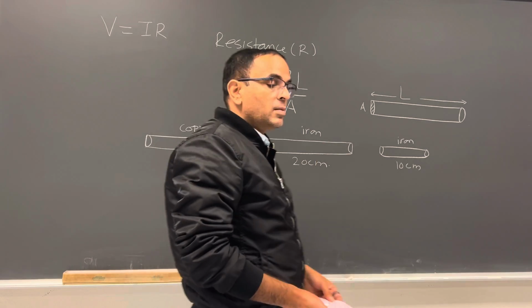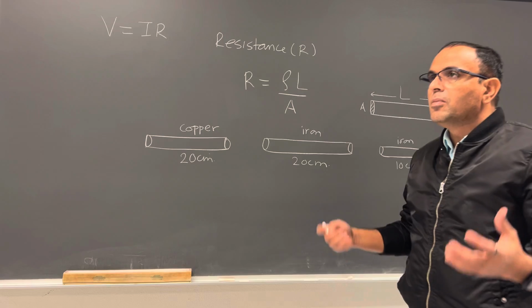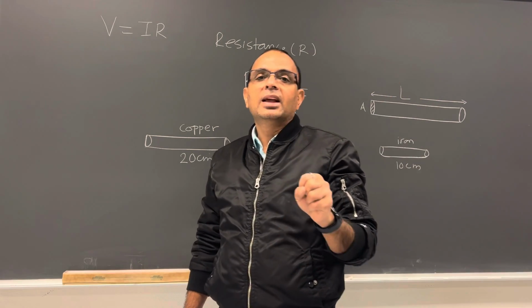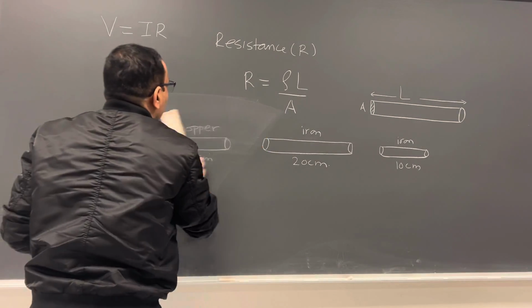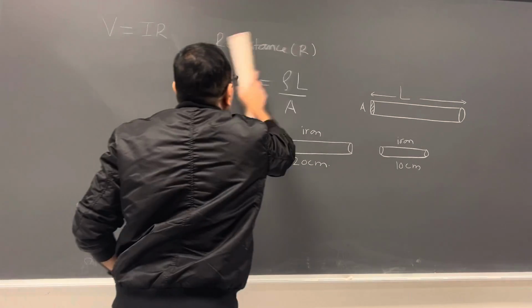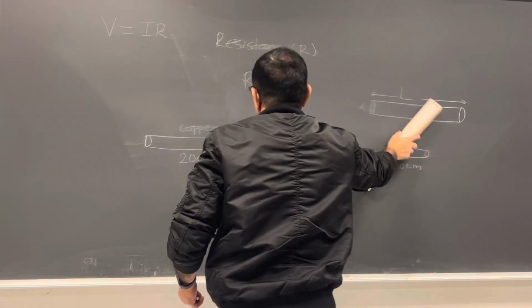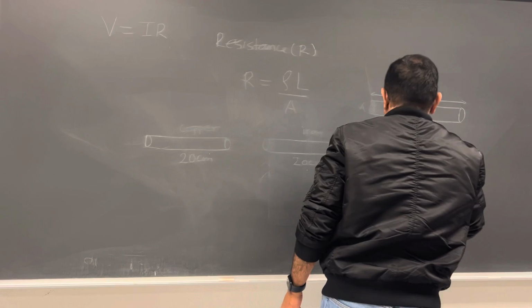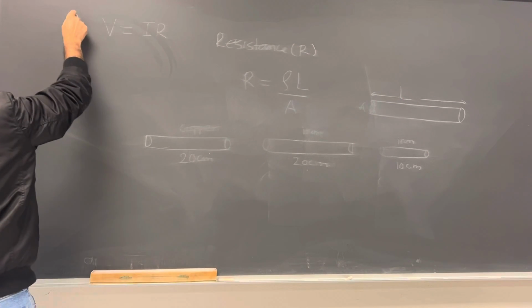We already talked about it, but today I want to discuss what happens if you combine two or more than two resistors in series and in parallel. So let us do the series and parallel combination of resistors. First I would like to do the series combination.